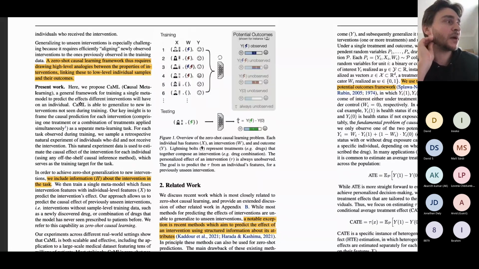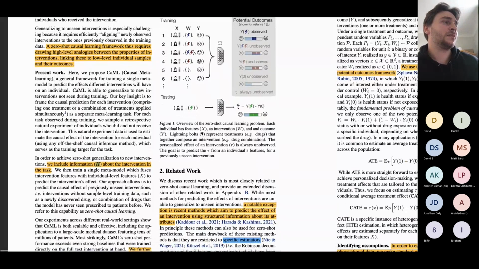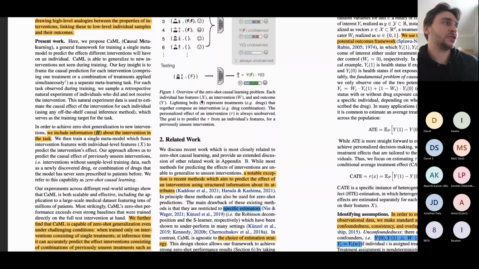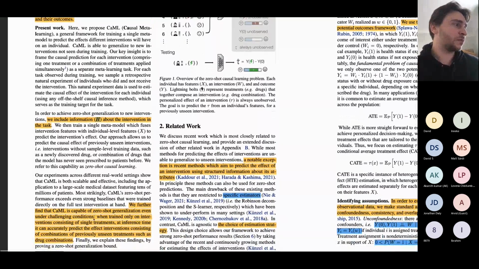But here you also have some high-level way of describing it, which is this information H. And that's a key component of the method and of the problem when you're trying to do zero-shot intervention. Zero-shot inference requires some common way of describing all of these, and there has to be shared information between the different treatments. Otherwise, there's no point.